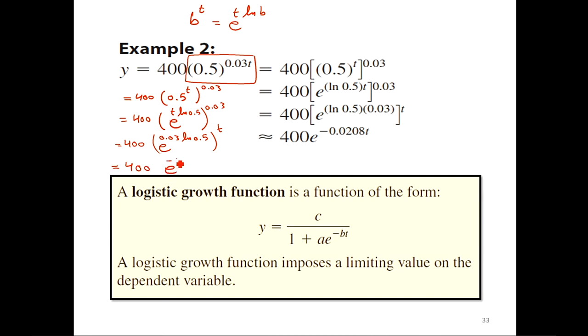So we have minus 0.0208 multiplied by t. So we convert y from base 0.5 to base e. If we need to convert to base e, we must use this one.